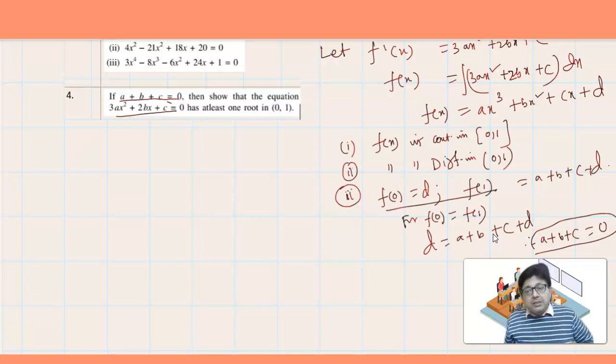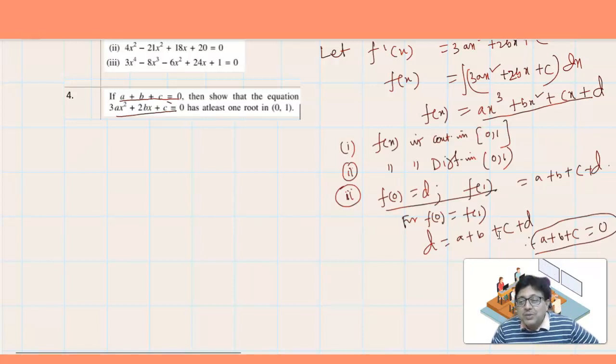So all three conditions of Rolle's theorem are satisfied for which function? ax cube plus bx square plus cx plus d. It is continuous, it is differentiable, and f(0) equal to f(1). Now what is the conclusion you are going to draw? That f'(x) has a root between 0 and 1.